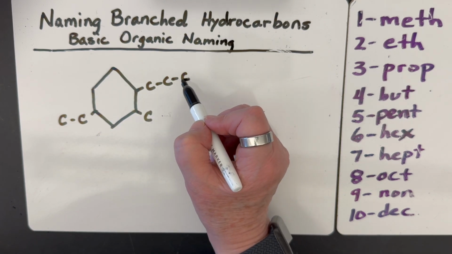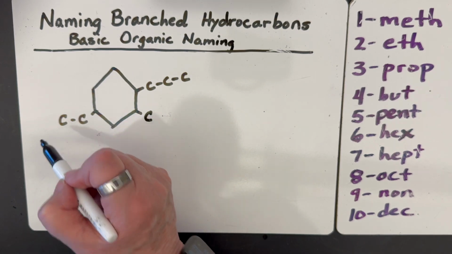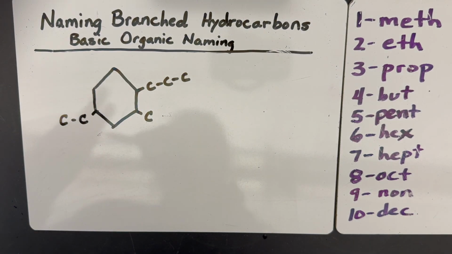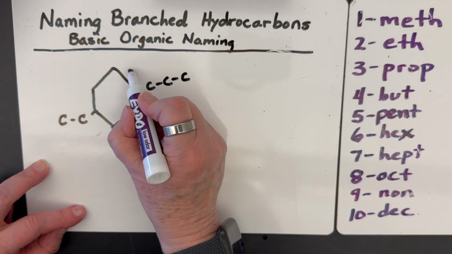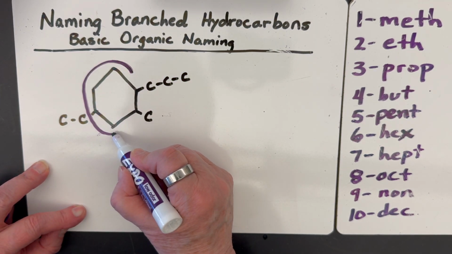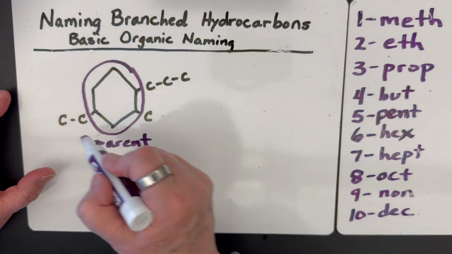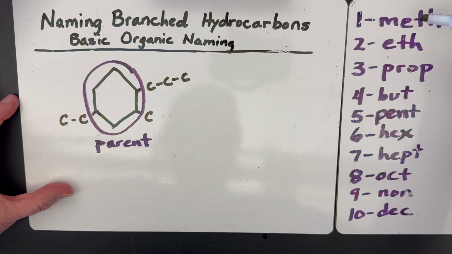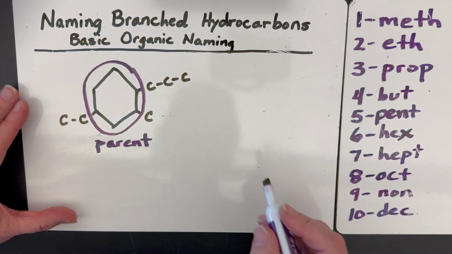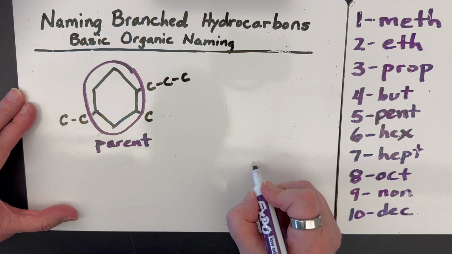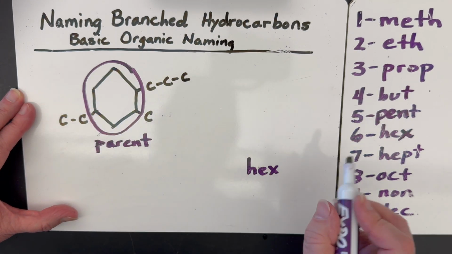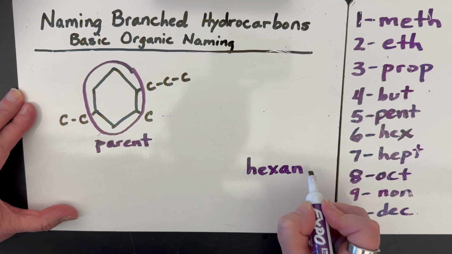Even if it would be longer to go this way, the ring is always the parent chain. So if there's a ring, that is your parent chain. 6 corners means 6 carbons. We go down to 6, and that's hex. They're all single bonds in between, so that's hexane.